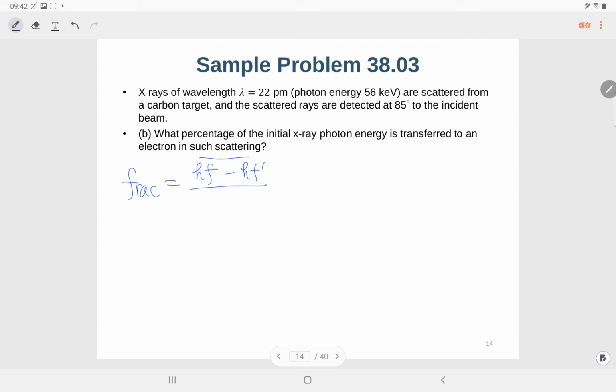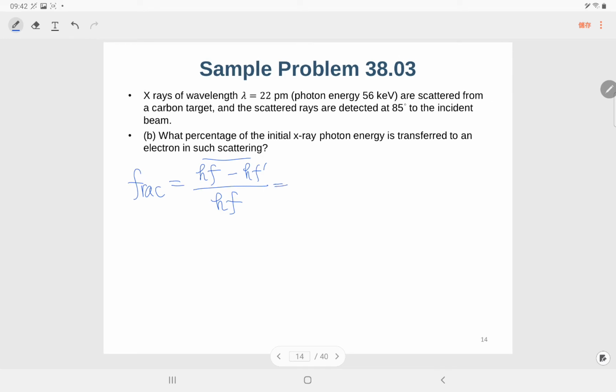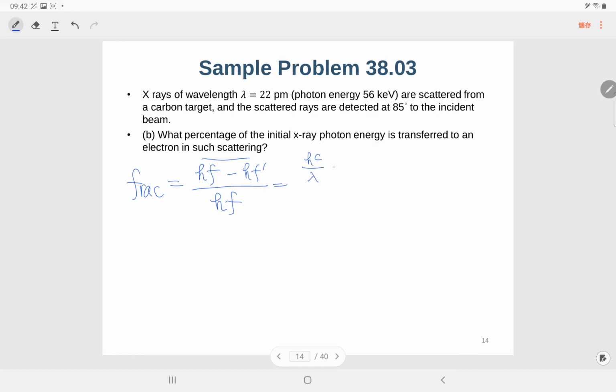So we divide it by hf because we need to calculate the portion, the percentage of the energy. So hf minus hf prime is hc over lambda minus hc over lambda prime, and then here we have hc over lambda. So all the h and c can be cancelled.